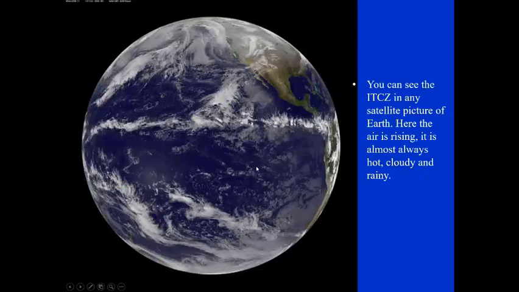This creates a belt of clouds around the Earth, where the air is rising. So this area, you literally see it in this space photograph of Earth. There's literally a belt of clouds that surrounds the Earth.